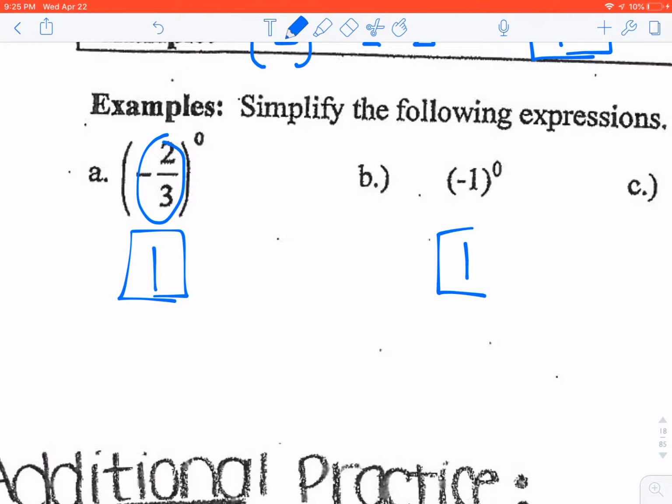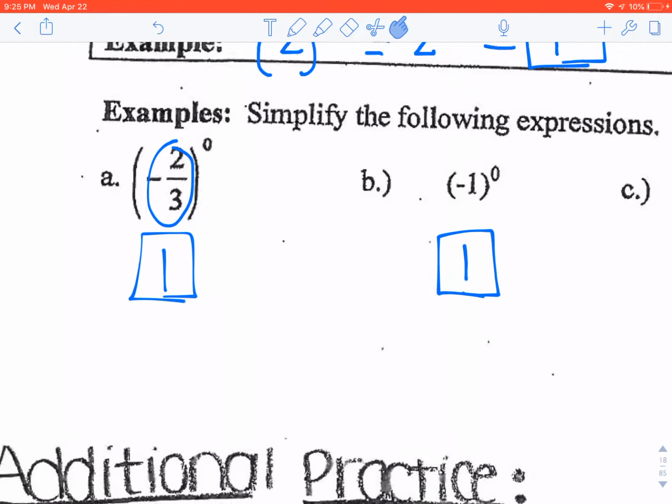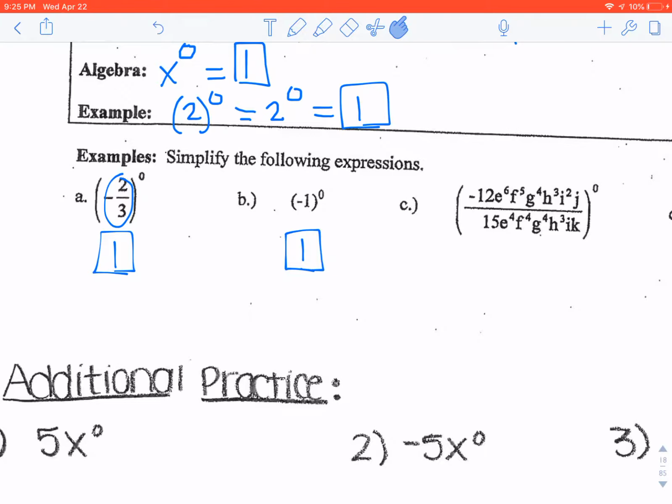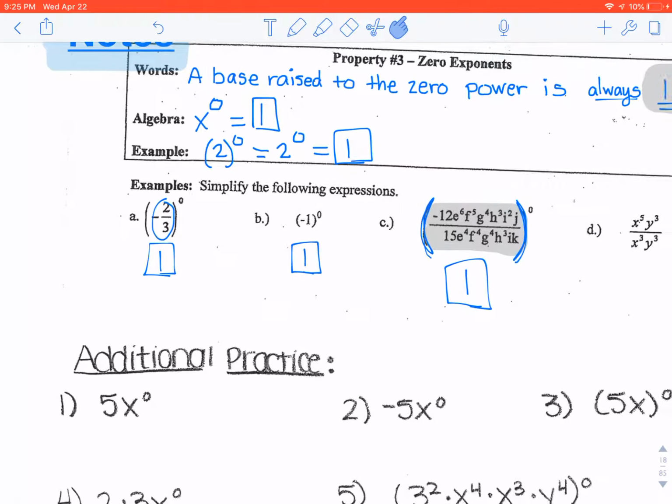That whole term turns to 1. Letter C looks confusing, but look, all of those terms are inside the parentheses. That entire set of parentheses is raised to the 0 power. So same thing, that whole term turns to 1.